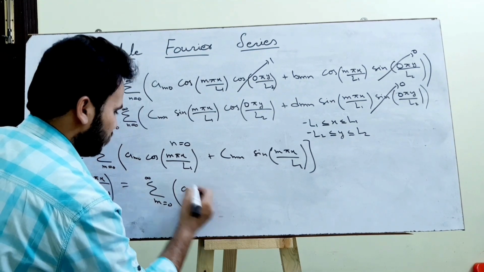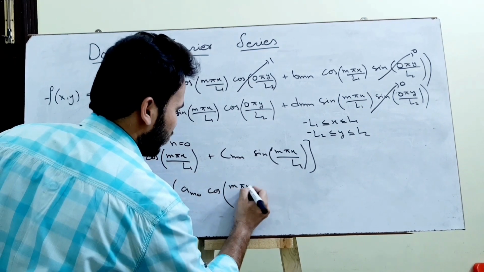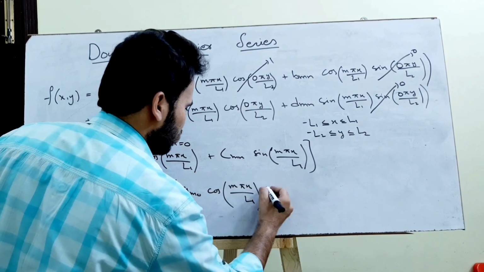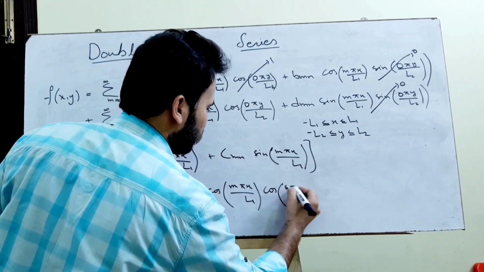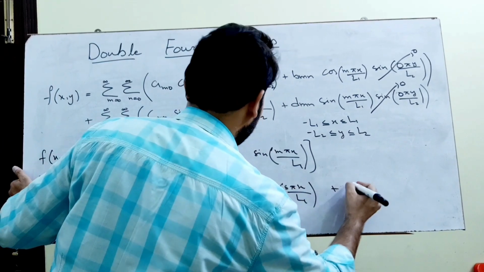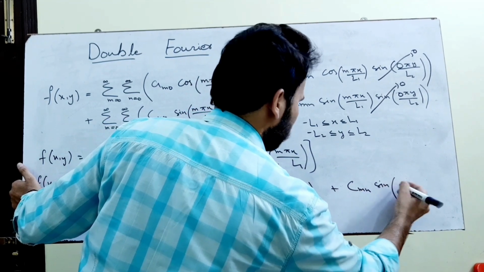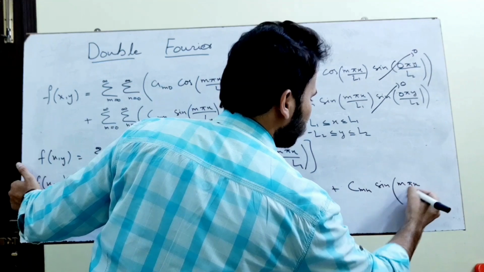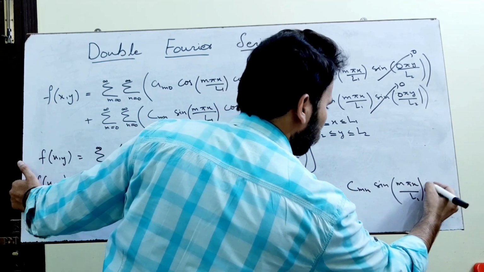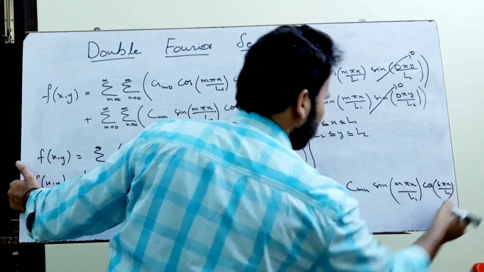This is a(m0) cosine m pi x over L1 cosine s pi x over L1 plus c(m0) sine m pi x over L1 cosine s pi x over L1.